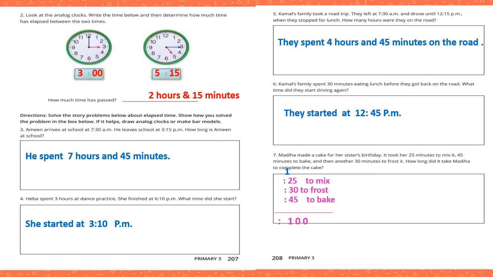It means how many hours and how many minutes? 1 hour equals 60 minutes, so I will break 100 down into two numbers, 60 and 40. 60 means 1 hour, because 1 hour equals 60 minutes. It will be 1 hour and the rest here is 40 minutes. So she took 1 hour and 40 minutes.